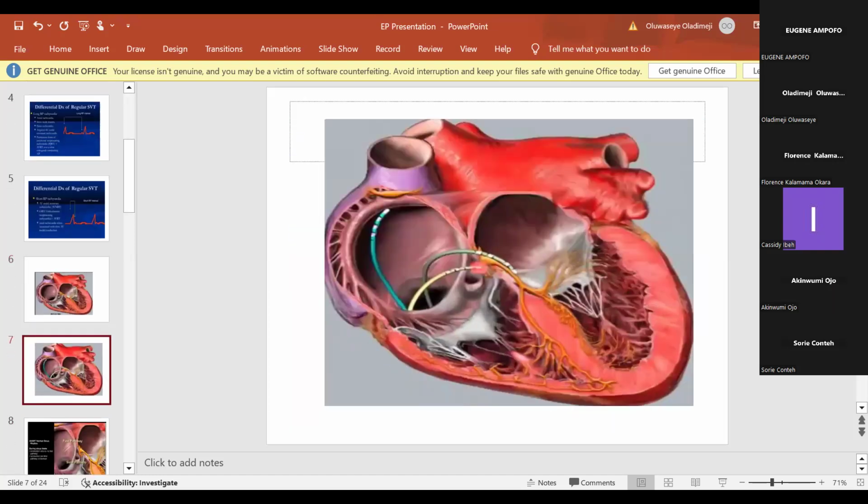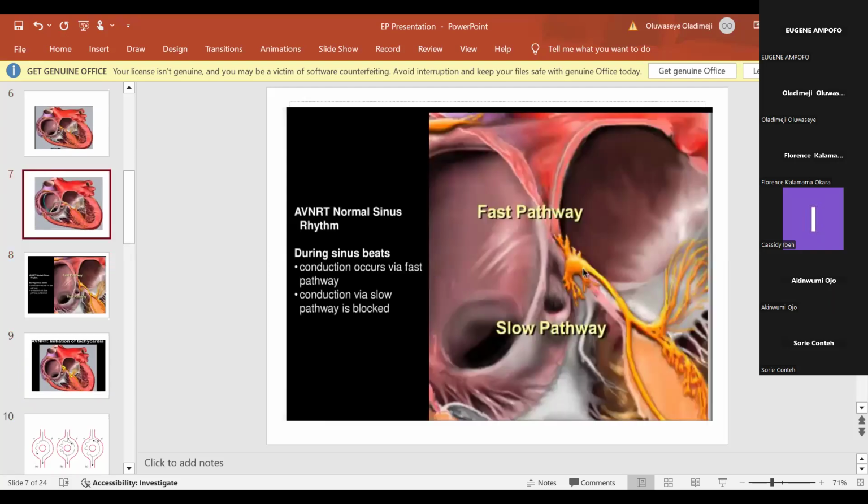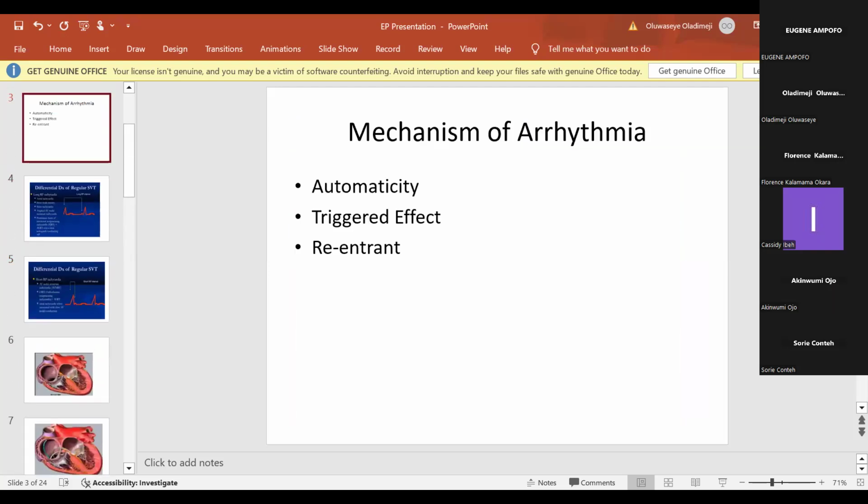If we follow the action potential curve graph from phase 0 to phase 4, in patients that have increased automaticity, they have a very unstable phase 4. So the phase 4 period is shortened and it triggers faster than the SA node.